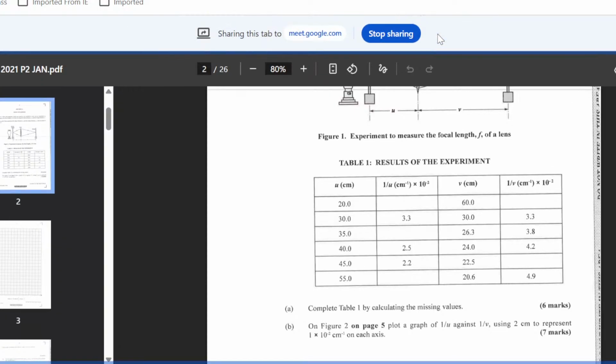Alright, so let's do at least the first row. What would be 1 over u? Just some simple calculations. What would be 1 over u in this case? Put that in the calculator. For the first row, what does your calculator tell you?